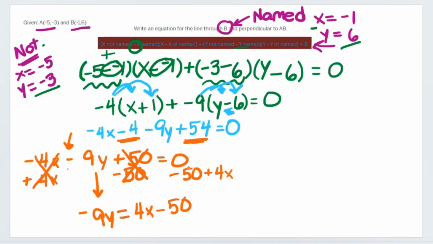Now I just have one very last step. And the last step is to get rid of this -9. Because it's right next to the y and I actually want to break them apart, I have to do the inverse. This means multiplication, so I'm going to divide by -9.